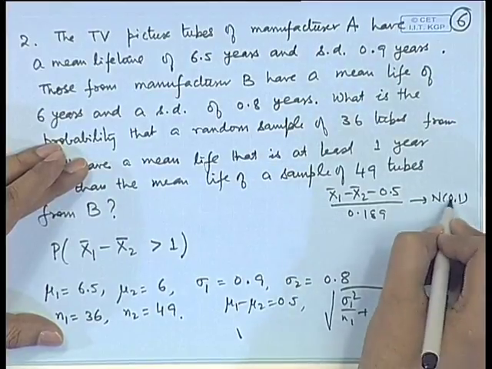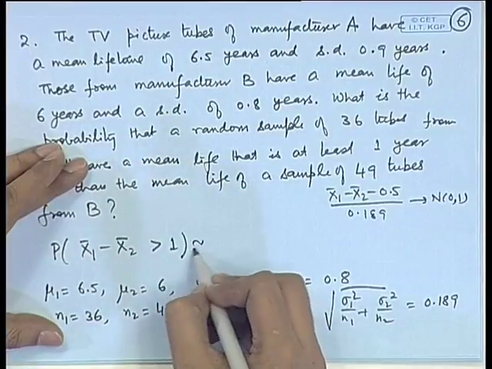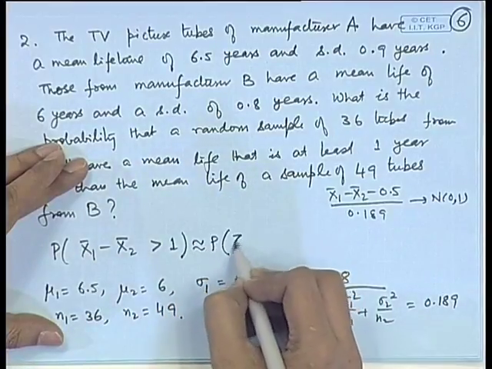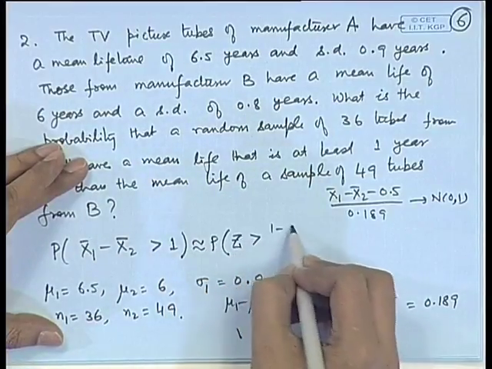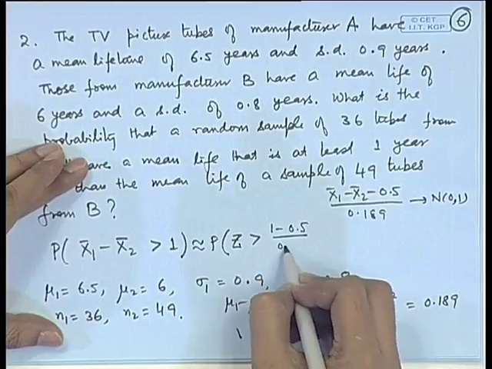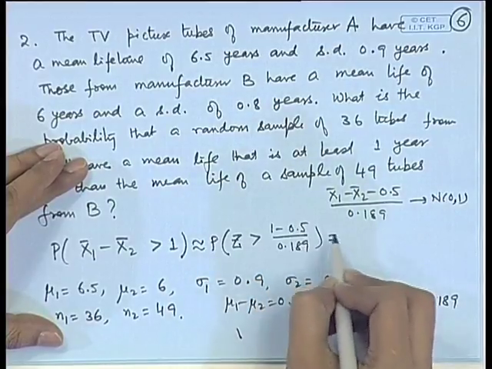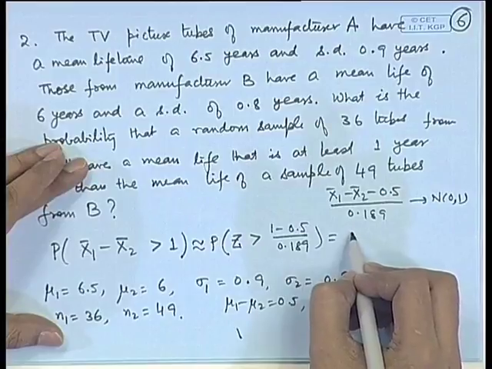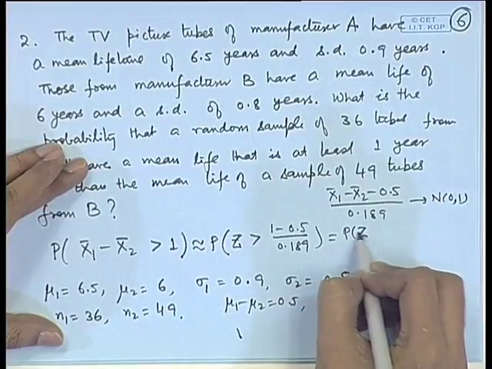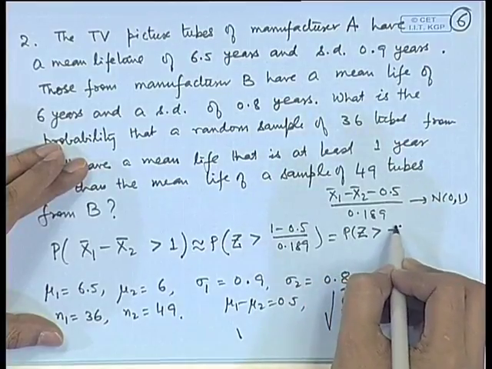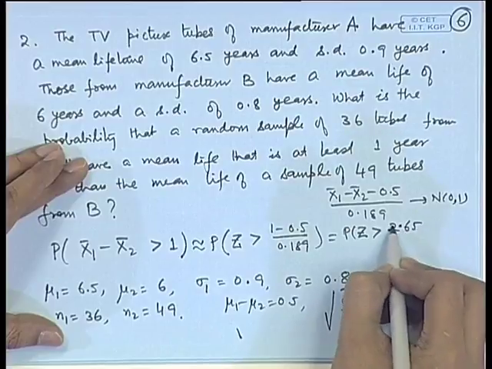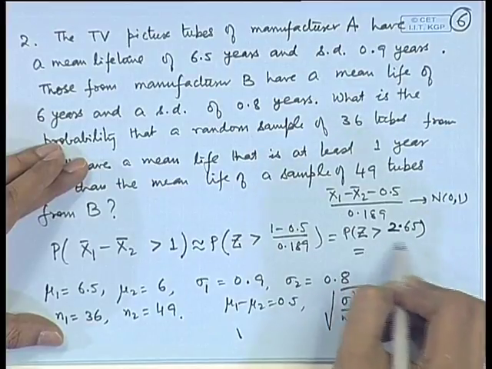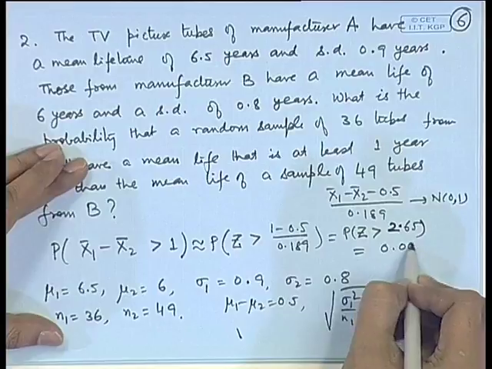So, we can approximate this probability by the probability of Z greater than (1 minus 0.5) divided by 0.189, that is equal to the probability of Z greater than 2.65. If we see from the tables of the normal distribution, this probability is only 0.004.